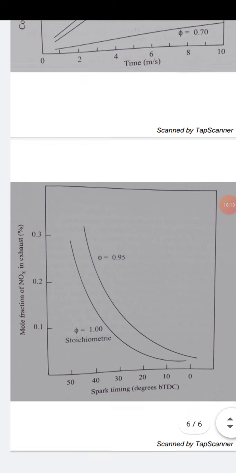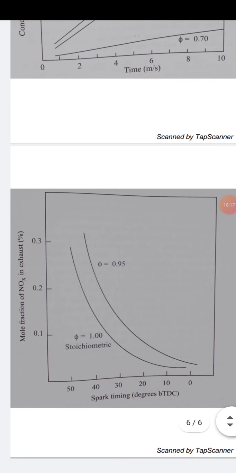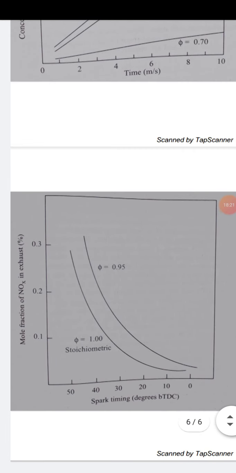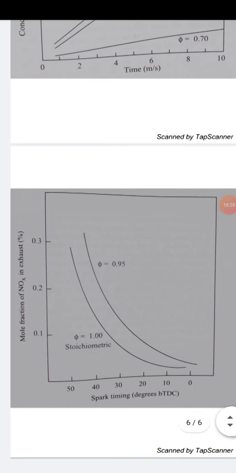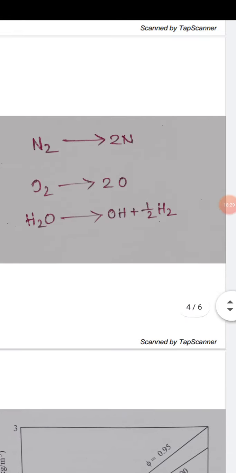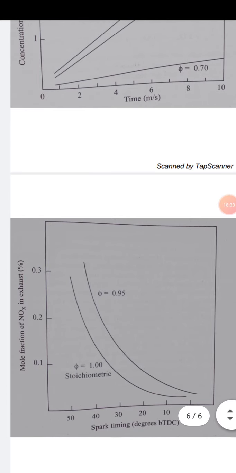So they have a divided combustion chamber, and direct injection tends to generate higher levels of NOx emissions. As I told you about EGR earlier, now what is EGR?